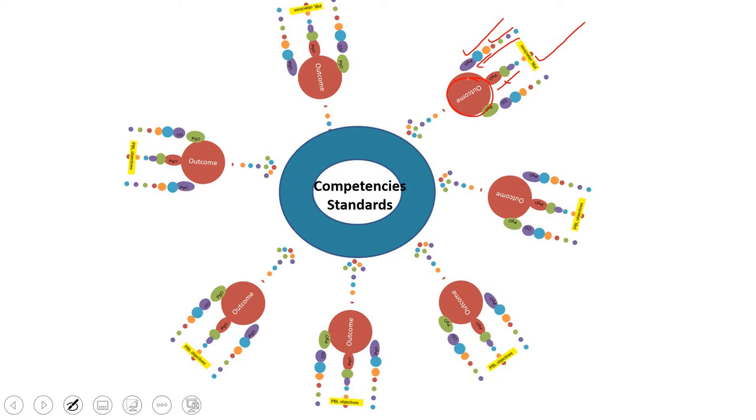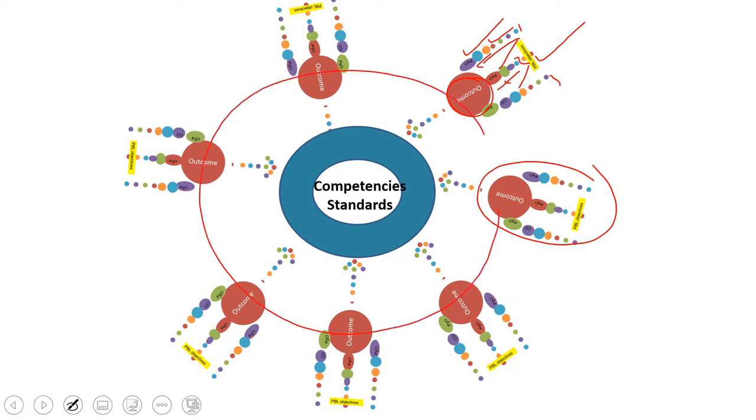One outcome is very broad, so one outcome may have a few objectives, 1, 2, 3, just like an antibody clumping mechanism. And these different outcomes contribute towards different standards or competencies. And competencies are the ability of a graduate to perform certain tasks independently and efficiently.